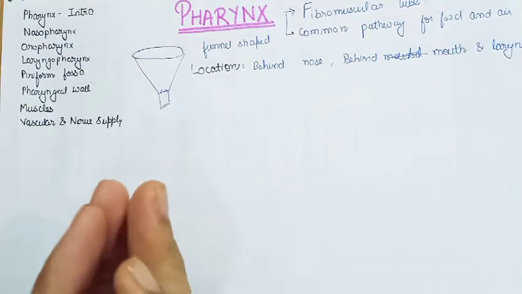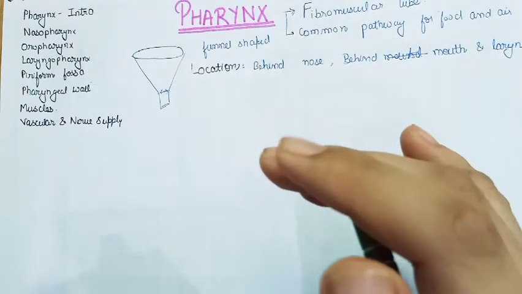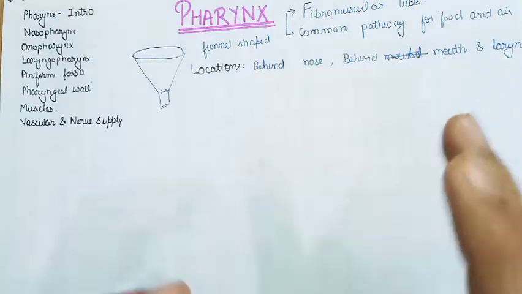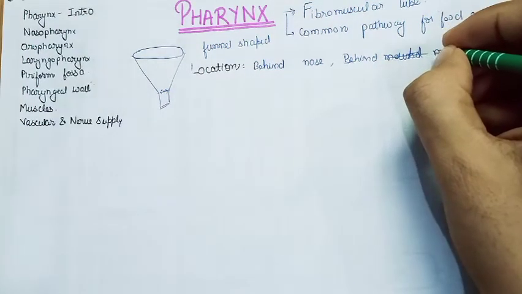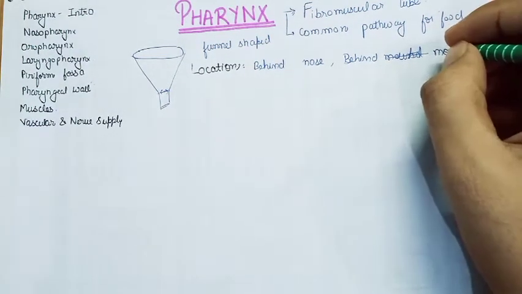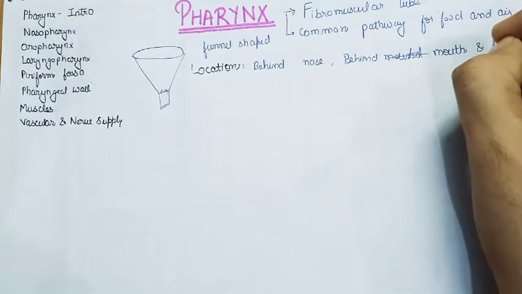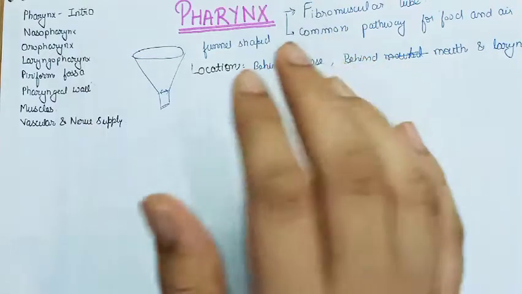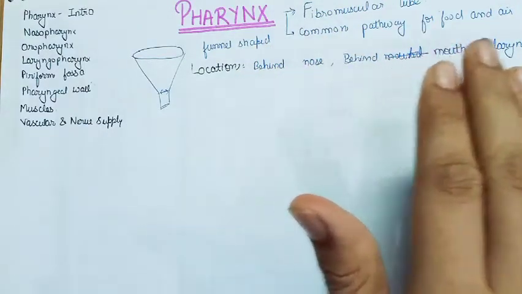So the pharynx is actually located behind the two openings, the nose and the mouth, and the larynx.